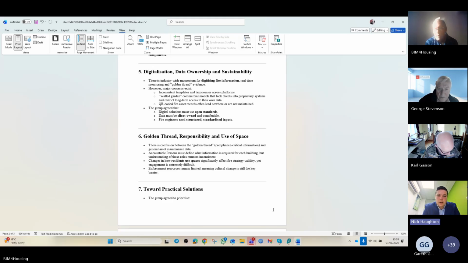I think I'm part of the MHCOG sounding board for the CPR, which is being worked on actively. There's quite a lot which is going to become public in the fairly near future, but certainly one of the big considerations is how they tie in the digitization of fire-related information with the requirements which have already been set out in the green paper issued on the construction product reforms last year.